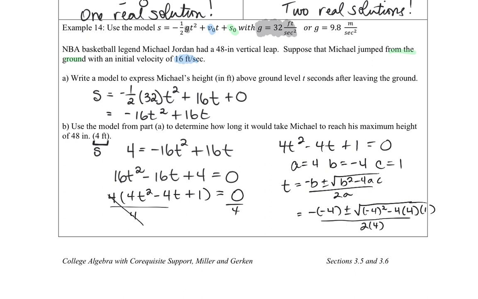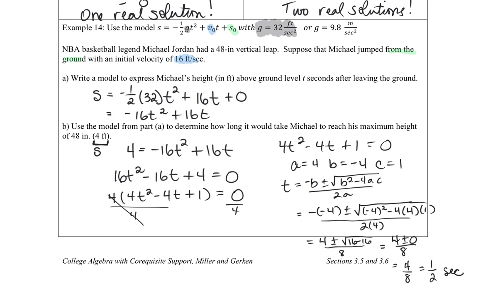So the opposite of -4 is 4, plus or minus the square root of 16 minus 16, over 8. Well, 16 minus 16 is 0, right? So we're going to get 4 plus or minus 0 over 8. Well, that's just 4 over 8, or 1/2 of a second.